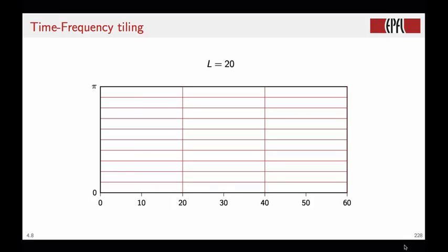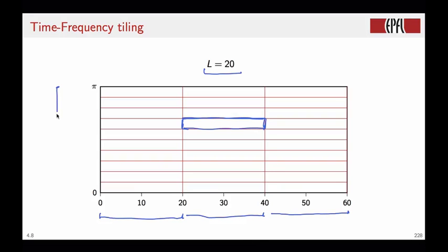The short-time Fourier transform determines a tiling of the time-frequency plane where the size of each tile is specified by the time and the frequency resolution of the STFT. Suppose you choose a window size equal to 20. What we'll have is a subdivision of the time axis into chunks that are 20 samples long, and a subdivision of the frequency axis into bins, each one of which is 2π over 20.